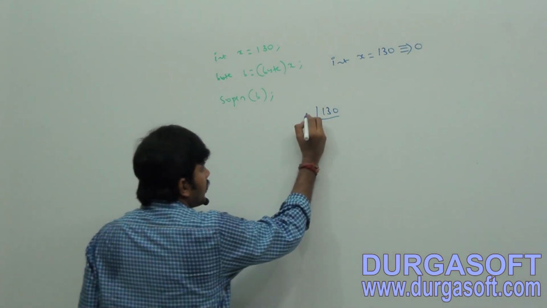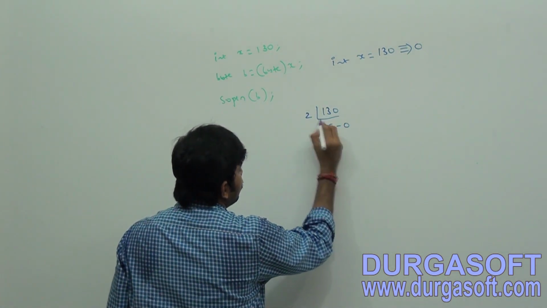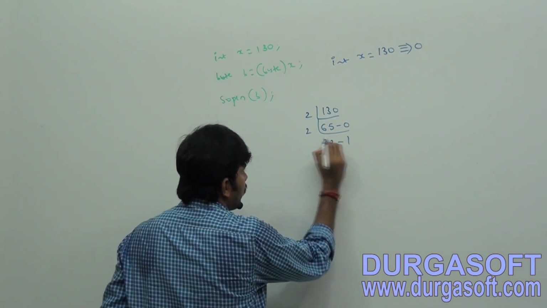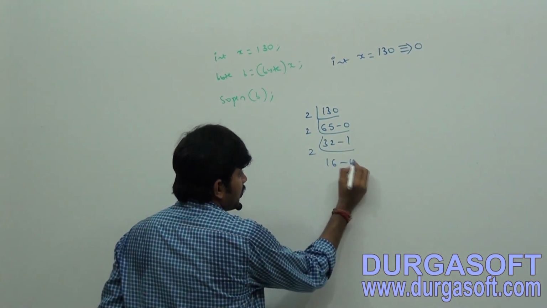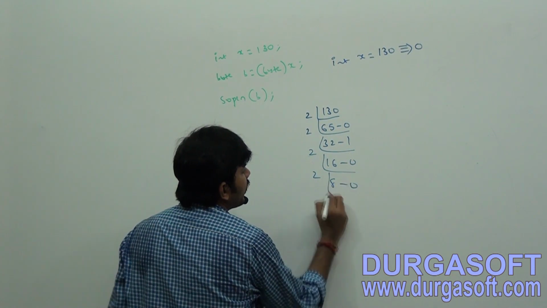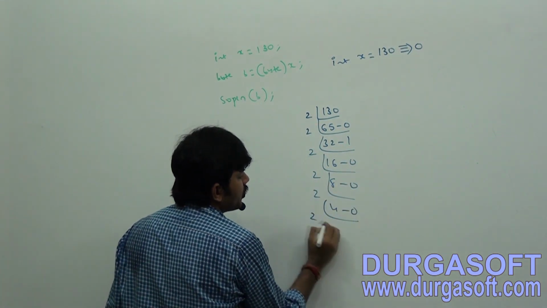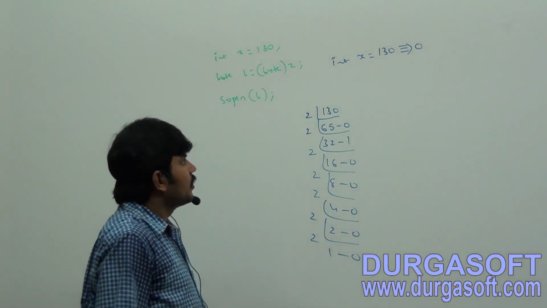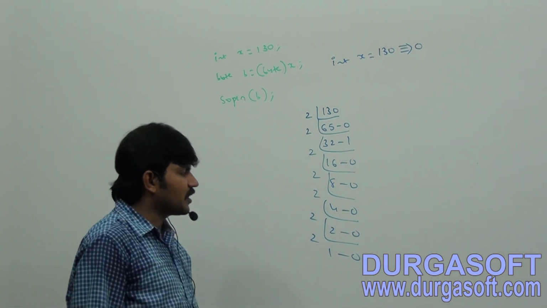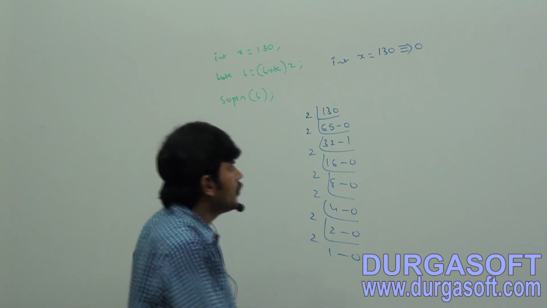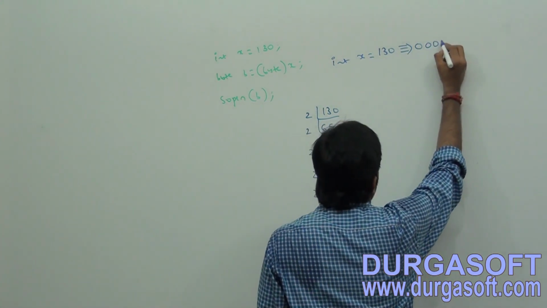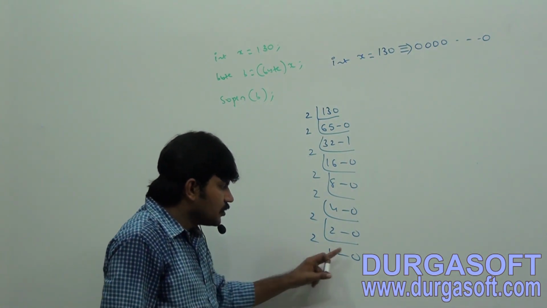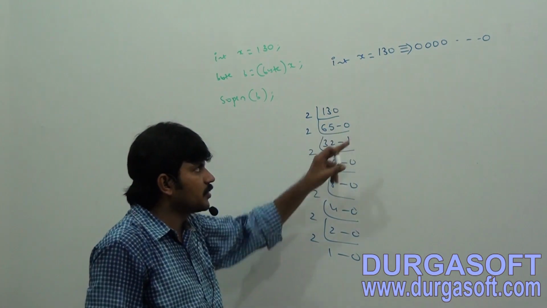Now here I am taking the bit positions 2 power 7, 2 power 6, down to 2 power 0. Now int x is equal to 130 means the leading bits are all 0, followed by 1 0 0 0 0 0 1 0.